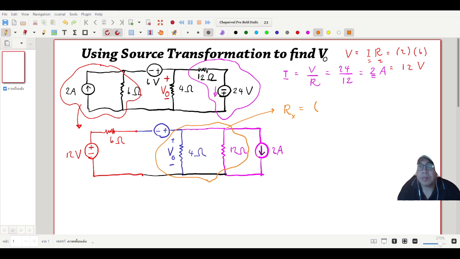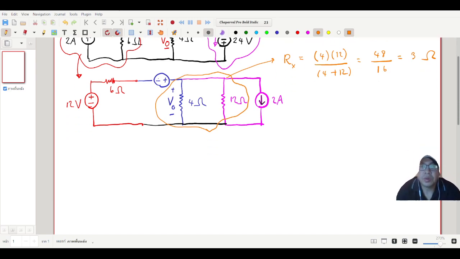The easy way, for 4 ohm parallel 12 ohm, the equivalent resistor is 4 multiplied by 12 divided by 4 plus 12. Absolutely, we have 48 over 16, and finally 3 ohm. We go to the next step.